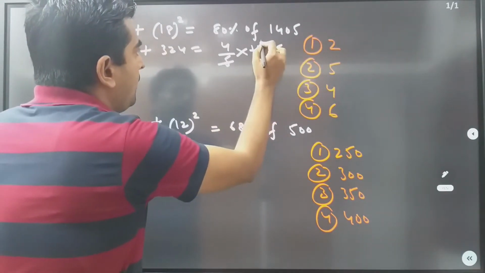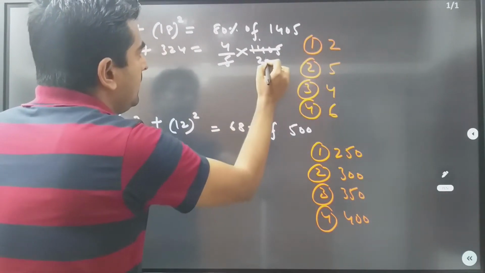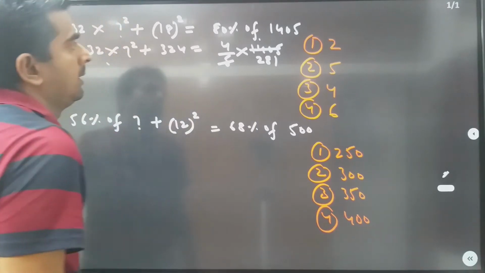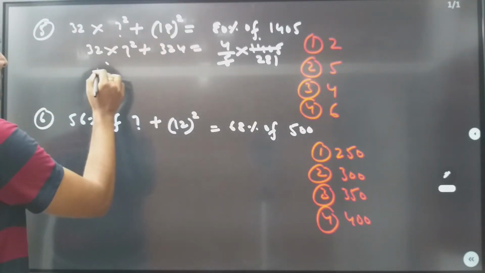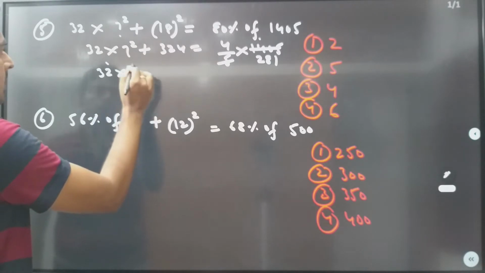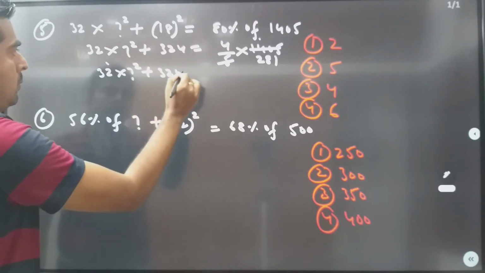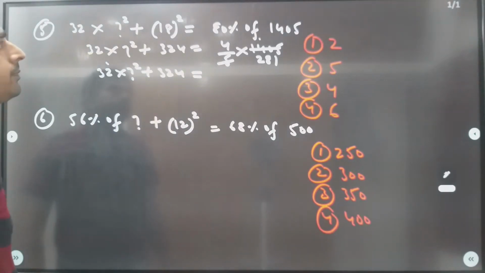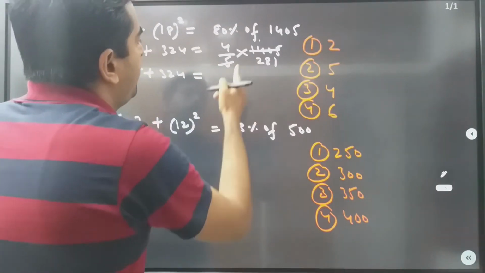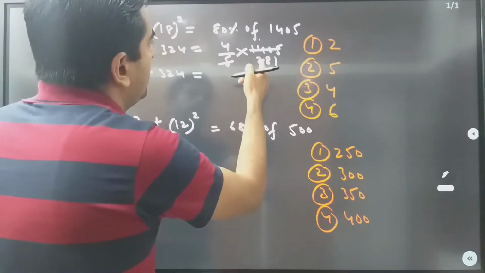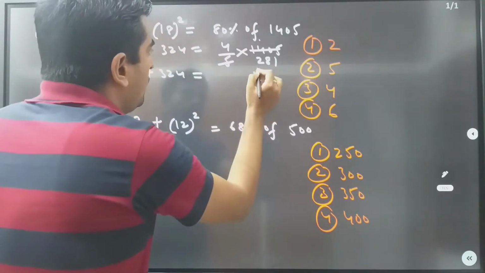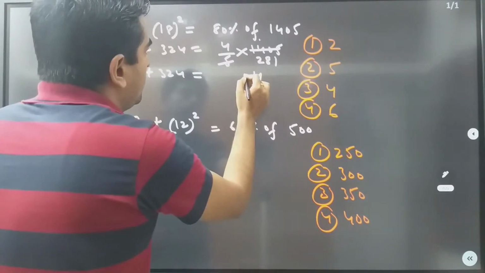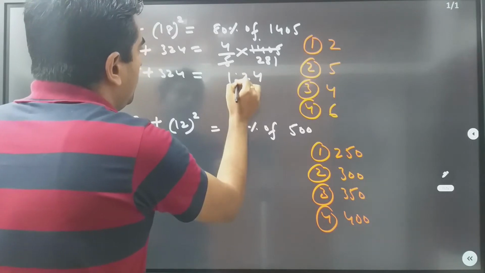So 5 twos are 10, 5 eights are 40, 5 ones are 5, also okay. So what is 281 into 4? 4 ones are 4, 8 fours are 32, 2 fours are 8 plus 3, 11.